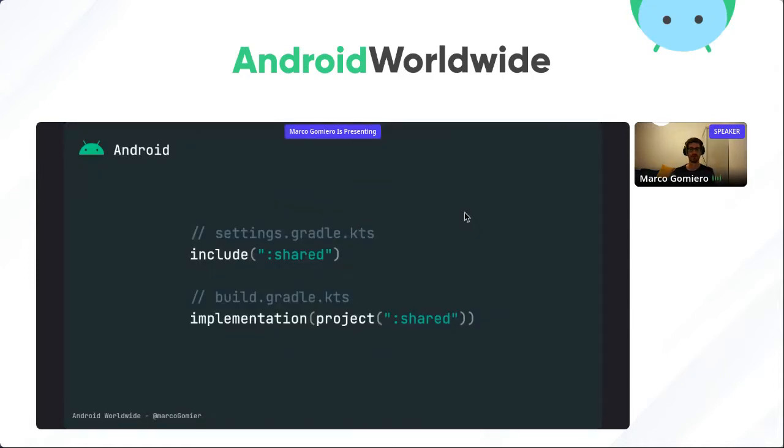You don't have to do it yourself because the plugin already does it for you. What it does is include the Gradle project inside the settings.gradle.kts file, and then add the dependency inside the build.gradle file of the application.